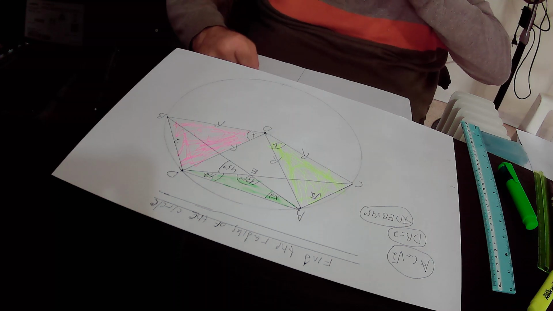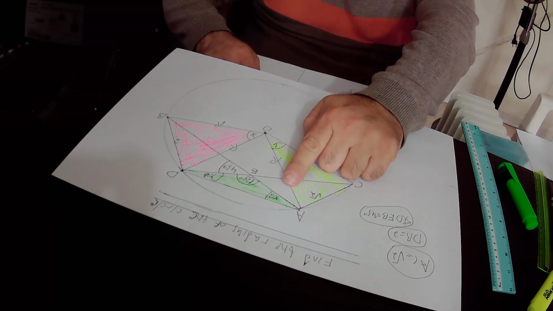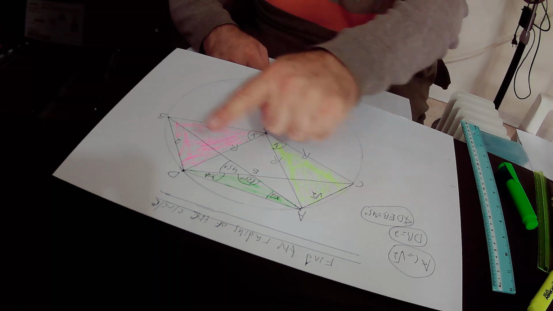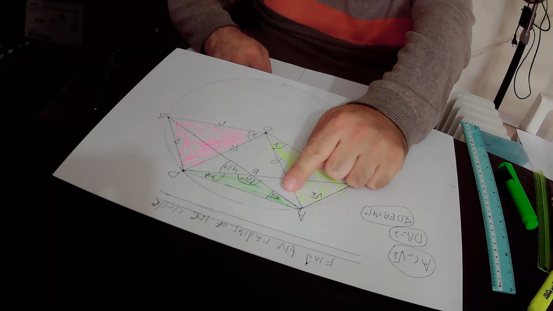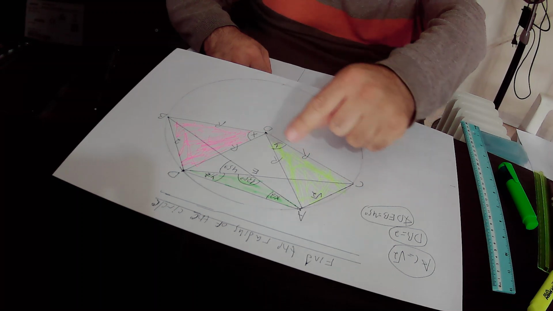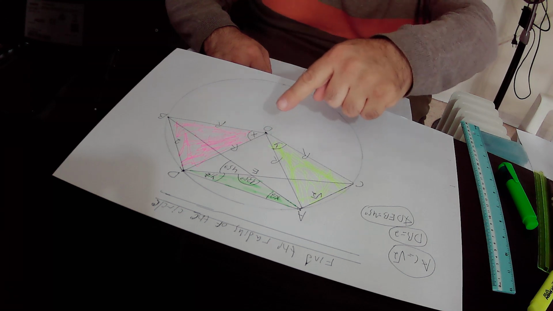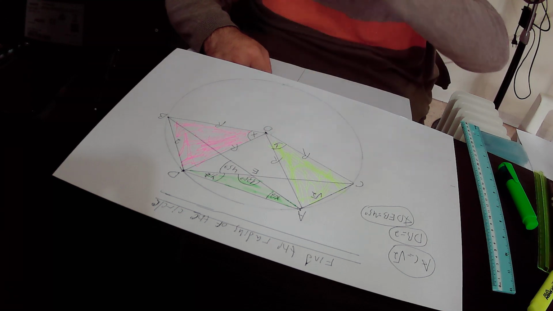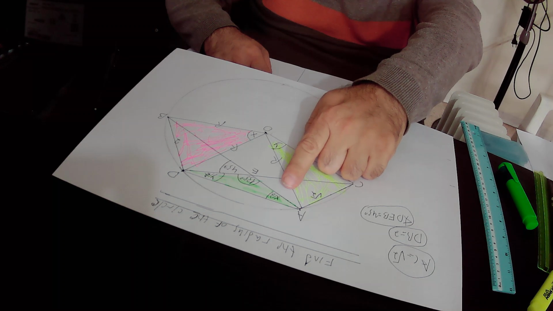Then we have the peripheral angle DAB. This peripheral angle equals x over 2 according to our definition. Therefore, the central angle DOB that rests on the same chord DB must be twice the peripheral angle, which is x over 2.